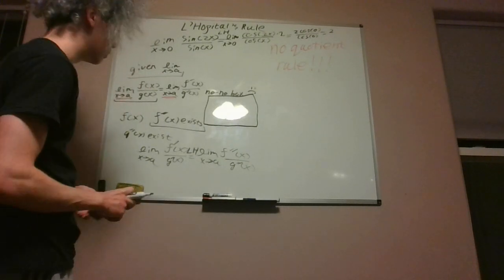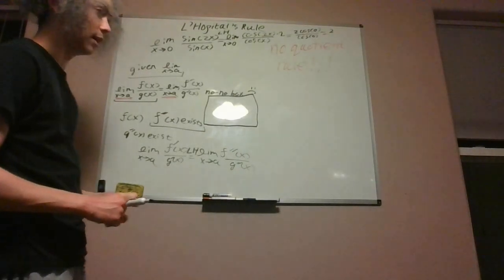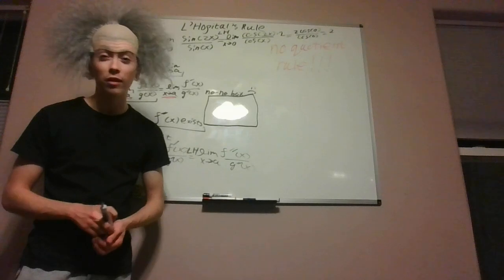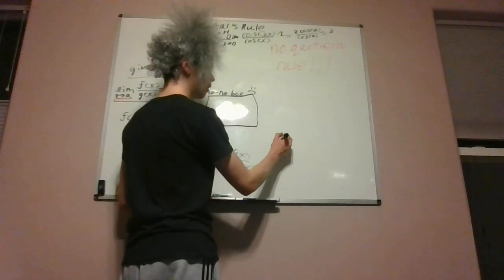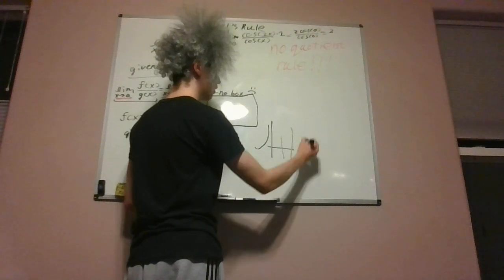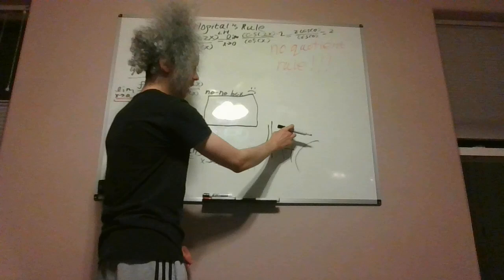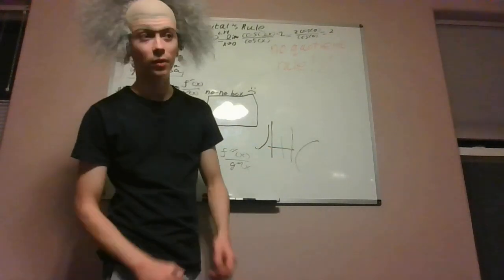The only thing I can guess wouldn't work is if you had some weird, goofy function that has an area where it doesn't exist, and you're trying to find some limit in this area, and you just keep taking derivatives forever.